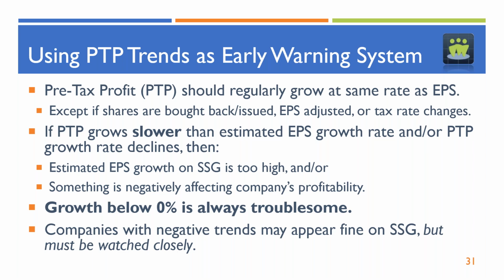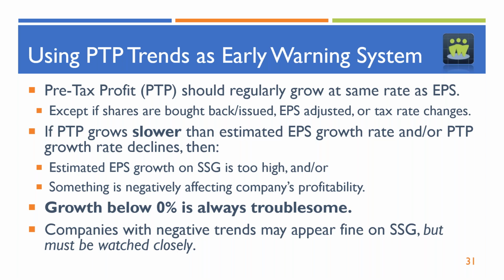So I like to refer to pre-tax profit trends as an early warning system. Pre-tax profit, as I mentioned, should grow about the same rate as earnings. If it grows slower than earnings, or the pre-tax profit growth rate is declining, and you see this on the report, then it might also be that you've been too aggressive in your stock selection guide and you've selected an earnings growth rate that is too high or unsustainable.